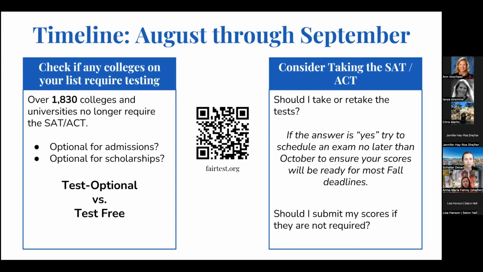And then also once you have your scores, you may ask yourself, do I want to retake the test? I think there's data that shows that after 3 times, scores tend not to change. So keep in mind it is not uncommon for a student to take the test twice, but a lot of students will take the test once or, again, not at all. And lastly, even if you do have your test scores, you might ask yourself, I have them, should I submit them for this school?